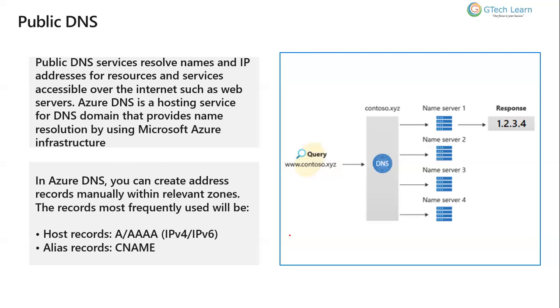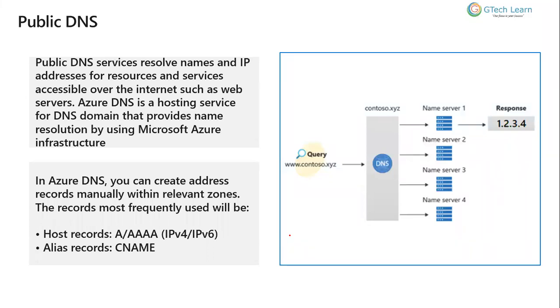We can create multiple types of records, like the A record, AAAA record, CNAME record, MX record, and TXT record. Each record has its own purpose.